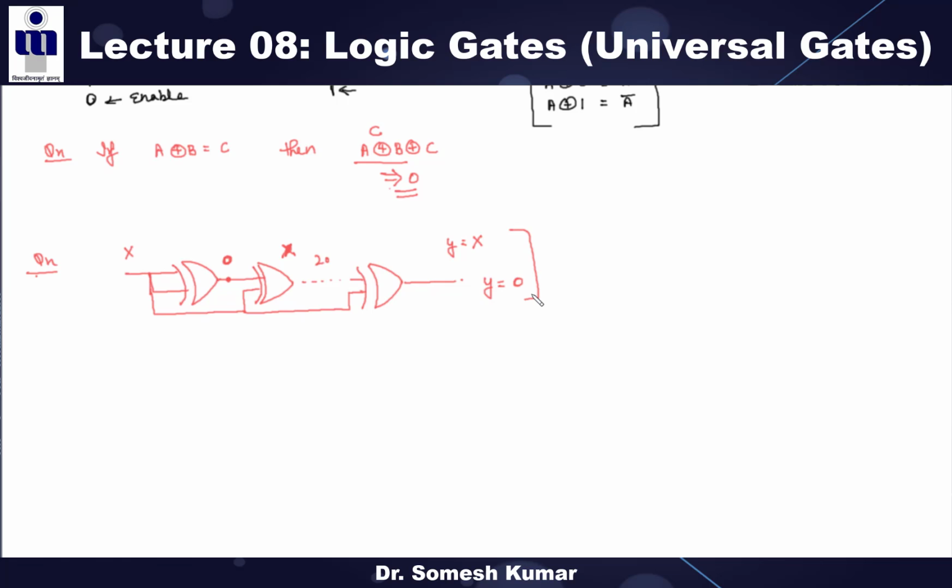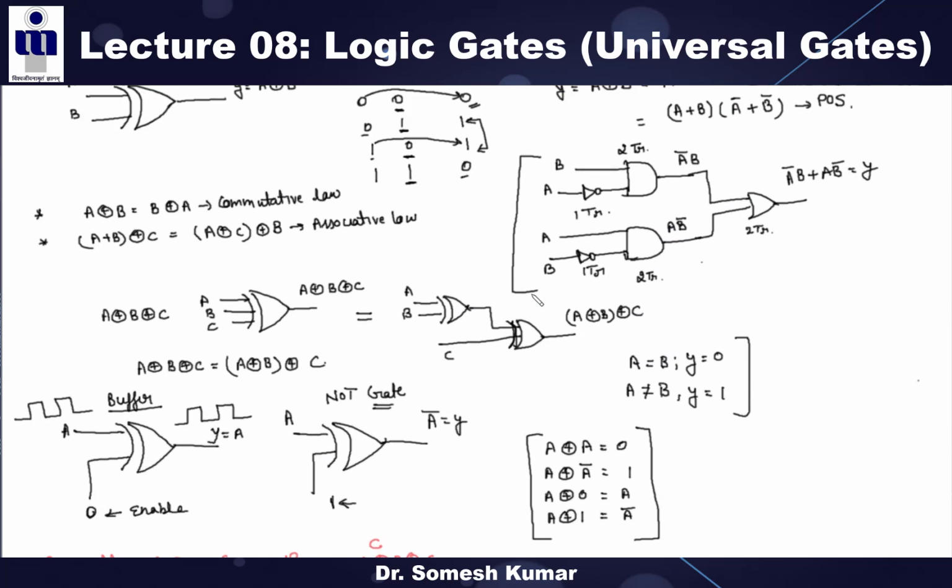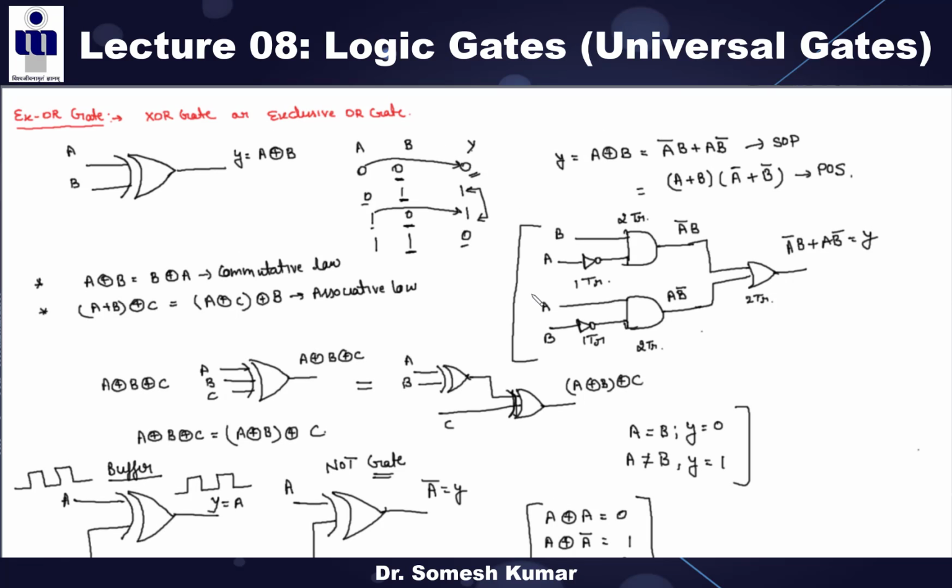Clear the thing? Now, from this truth table of XOR, can I say this statement? See, in the first row, how many ones are there in A and B? Zero.